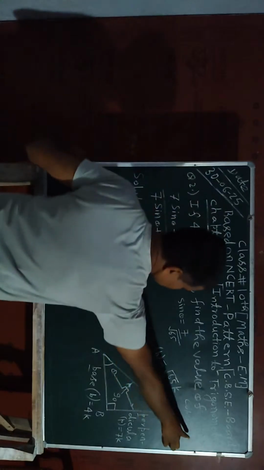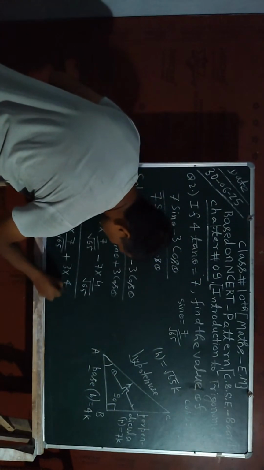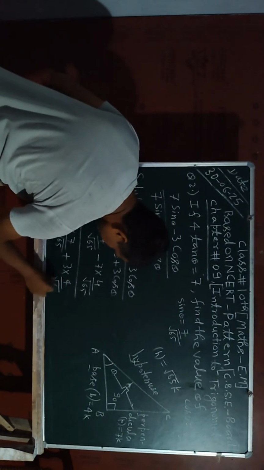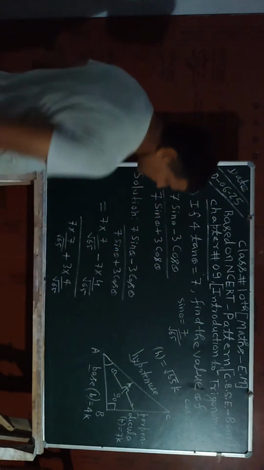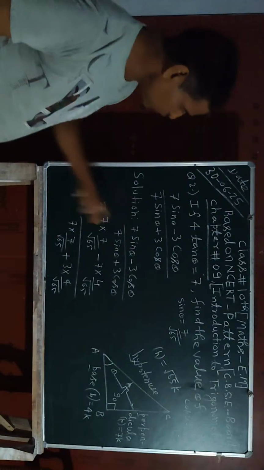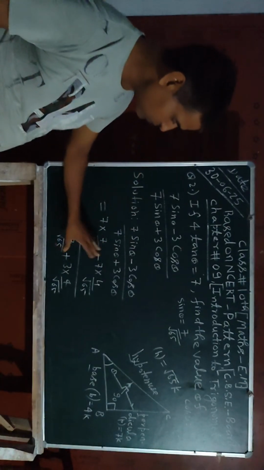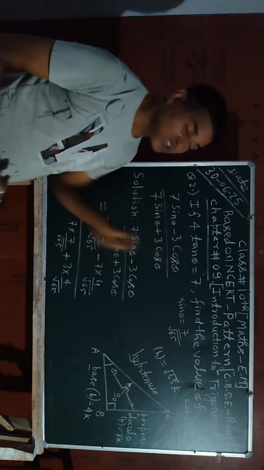The value of cos theta is 4 divided by root 65. So here I will write 4 divided by root 65. Now all the values of sin theta and cos theta I have put in the given expression. Now further I will simplify. After simplifying I will get a result, and that result will be the answer of my question.